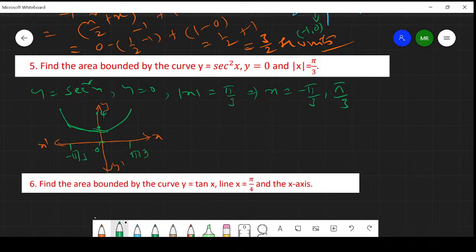I can draw the line at pi by 3 and at minus pi by 3. It touches at 4. So what is the required area here? This is the required area. In between, this is the required area they are asking.